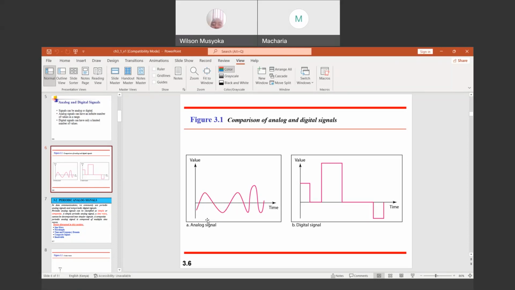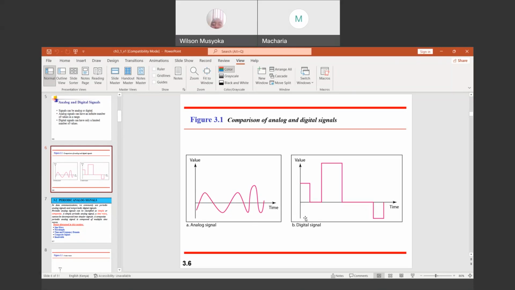And then there is what we call shift, the degree of the waveform in comparison to the zero mark. It could be 30 degrees, 45 degrees, 90 degrees, or any other value showing the shift of the waveform. Those are the three properties we normally use to show how the analog signal moves.